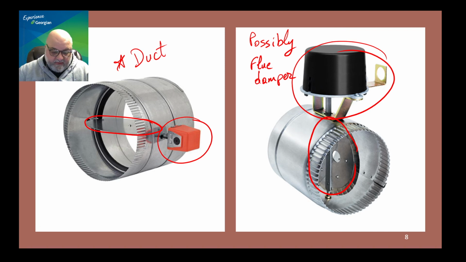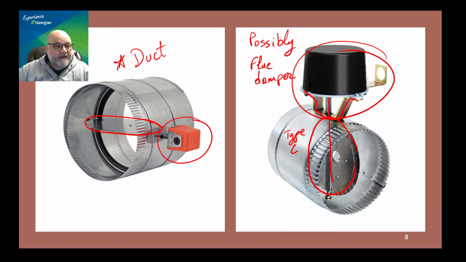It is possible that it is a flue damper. I'm just saying that because of the build of the shaft and how big the actuator is, and it is protected from the heat if this single wall type C vent is under high pressure.